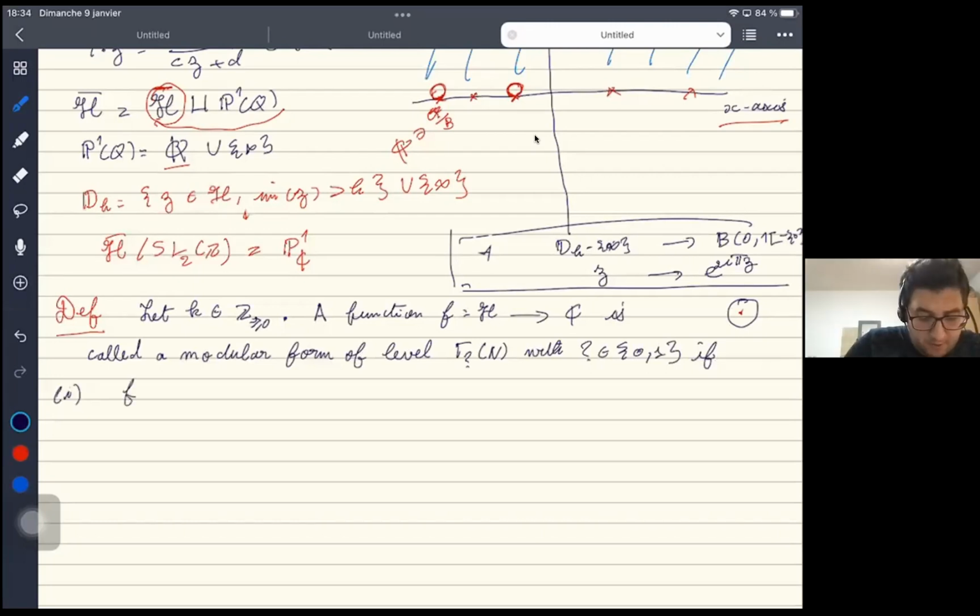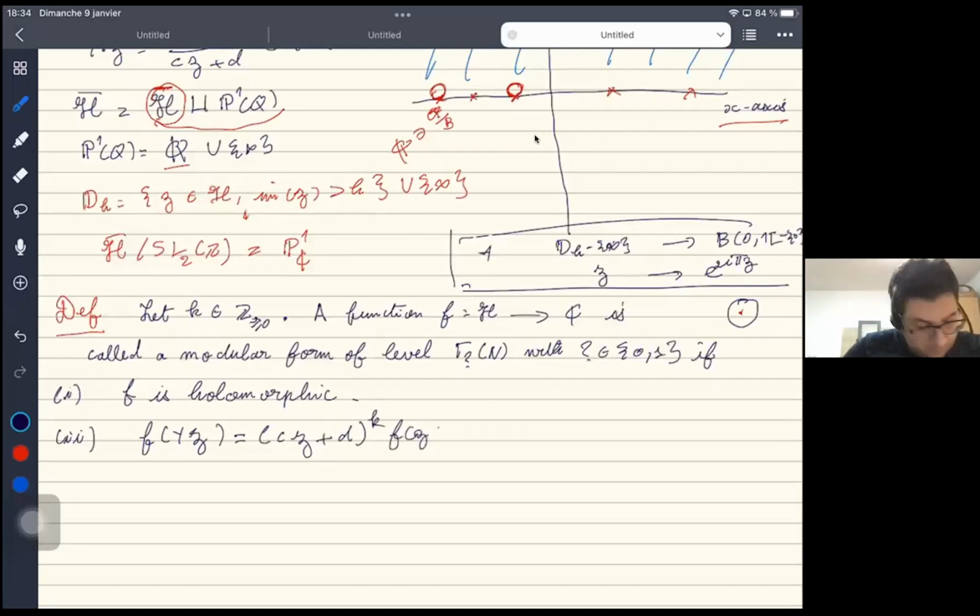First, f is holomorphic, so analytic. The second condition is that f satisfies this cocycle condition, cz plus d to the k times fz, for all gamma a, b, c, d.